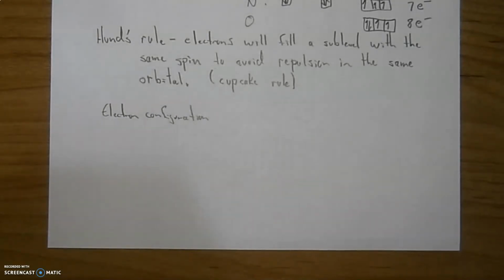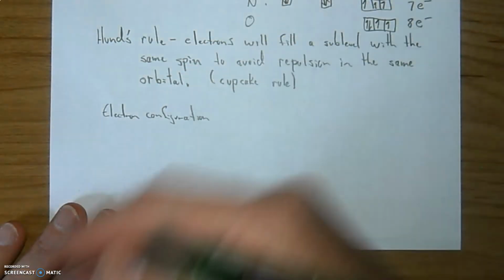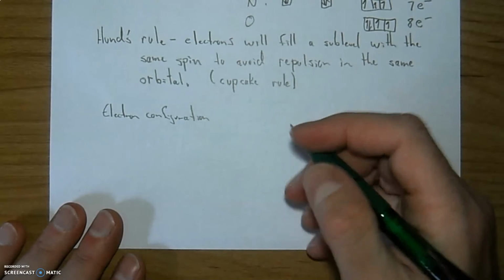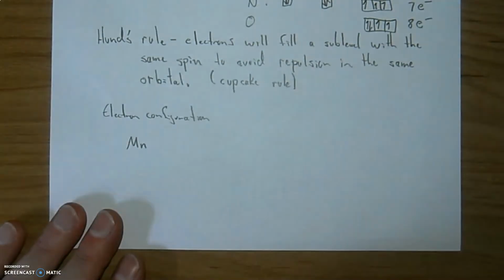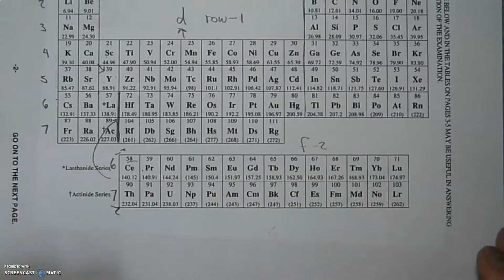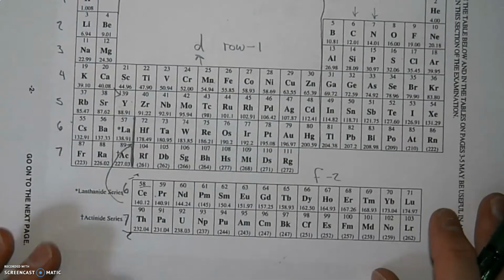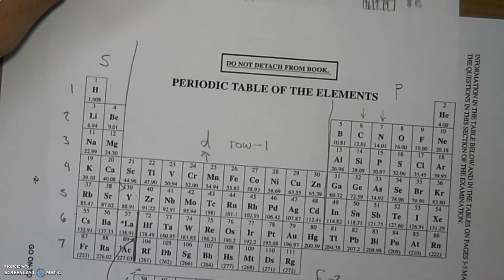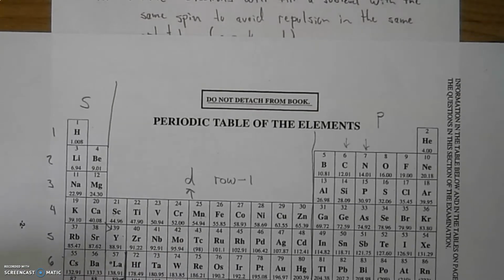All right, let's do an example here. We're going to look at a long version of doing electron configuration for an element, and we'll just pick manganese as an example. So we'll grab our little periodic table here, manganese sitting right here. And as far as finding the electron configuration for that, we're just going to count going across the periodic table.